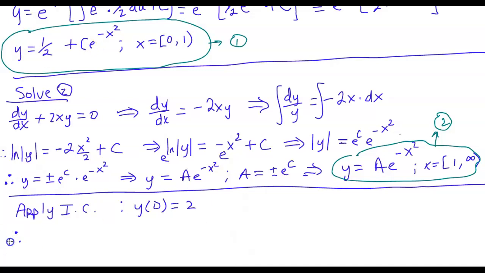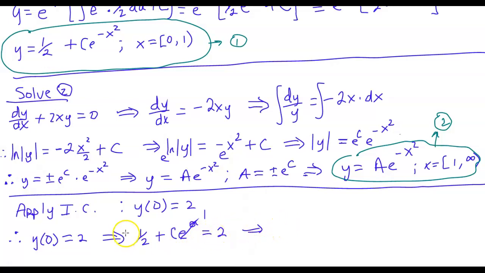So here, when we apply it, y of 0 equals 2. That implies that we have 1/2 plus c e raised to the 0, and that is going to equal 2. And of course, e raised to the 0 is 1. And if we want to get rid of this fraction here, we can multiply both sides of this equation by 2.